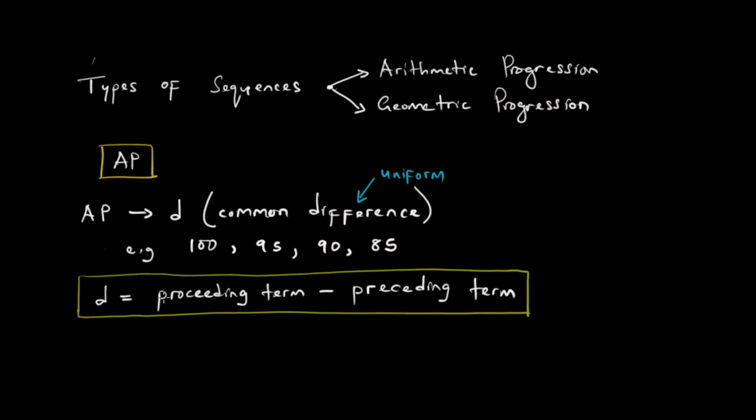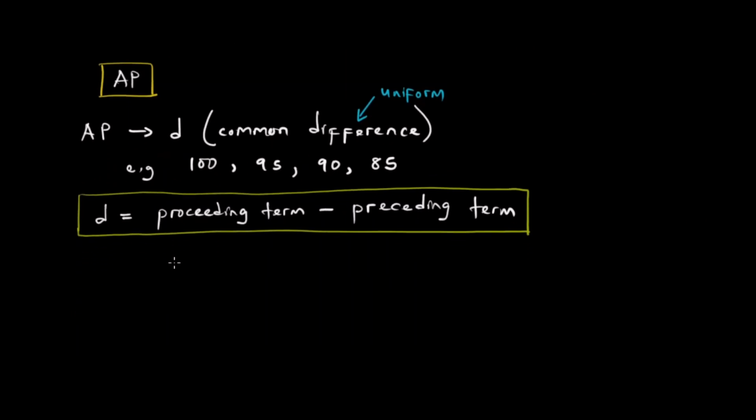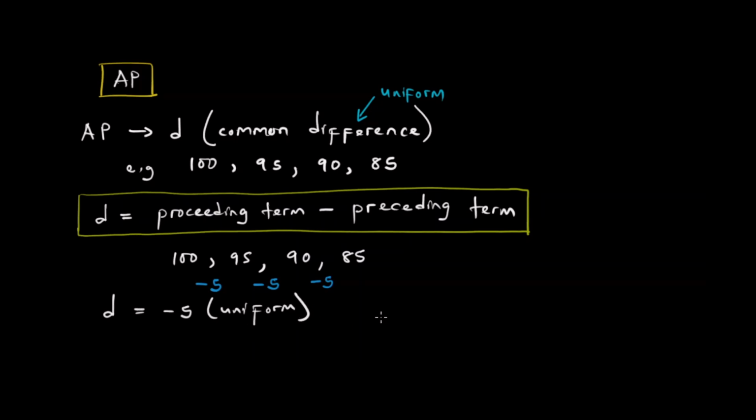Applying this relationship, 95 minus 100 gives minus 5. 90 minus 95 is minus 5 again, and 85 minus 90 is minus 5. So we can clearly see that d is equal to minus 5 and it's uniform. This means we have an arithmetic progression.